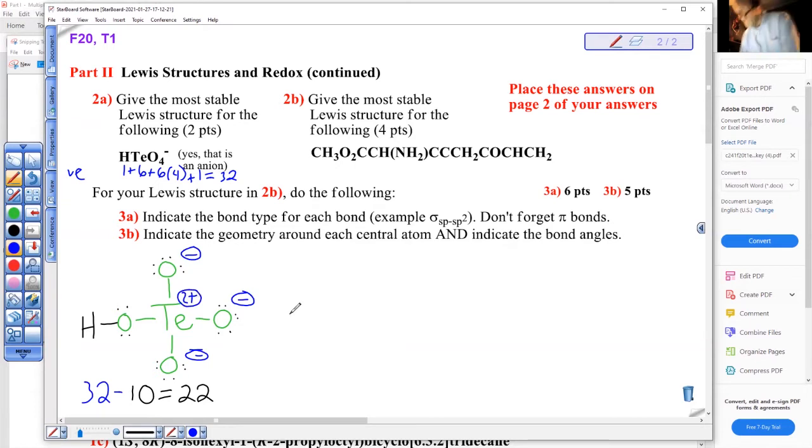Because tellurium, the atom on the periodic table, has 6 valence electrons. That's why we used the 6 here. And here it's sharing 8, which is like owning 4. So it's too short of the amount of electrons it owns on the periodic table. You can get this to be way better. 2+ is like, oh my God, you made a huge mistake. If you have any 2s on any charges, you're not done.